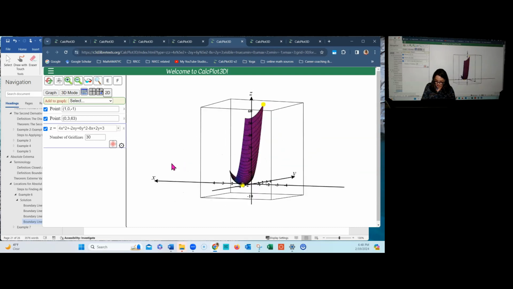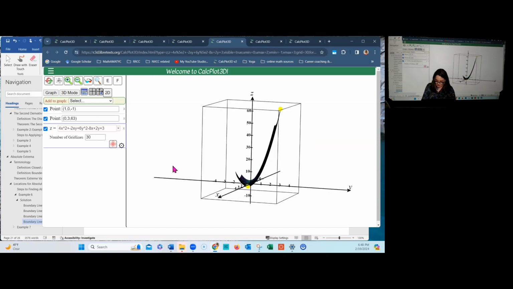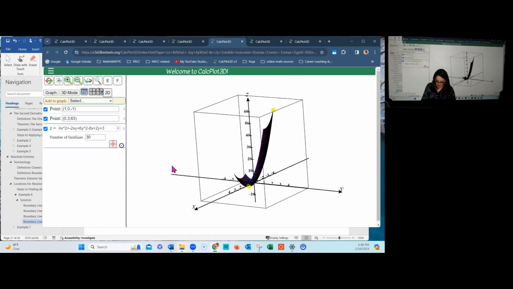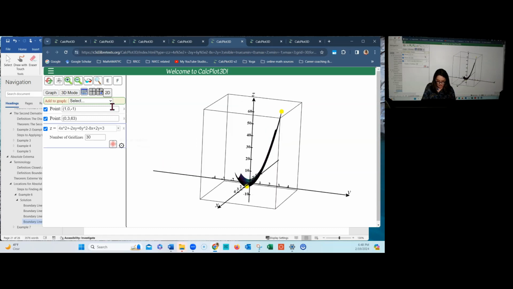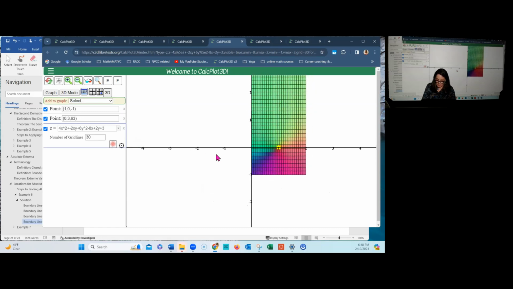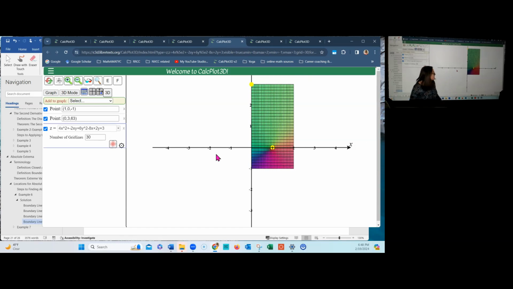It took a little finagling with the values for X, Y, and Z on the scale to get a decent picture of what this one looks like. Now let's look at the 2D picture. Use your mouse wheel to be able to see the entire thing.